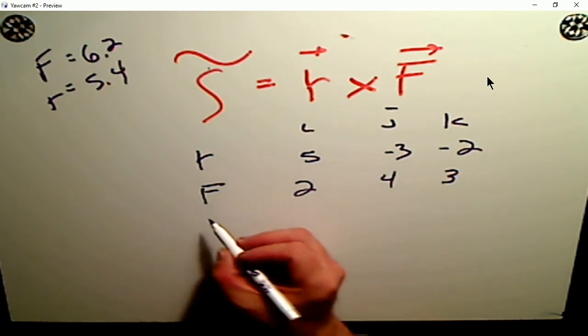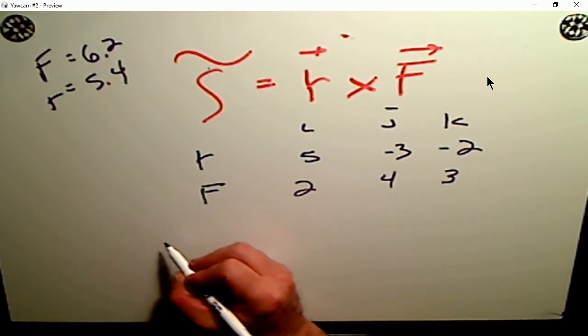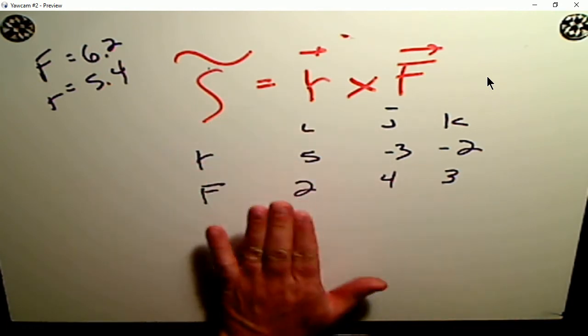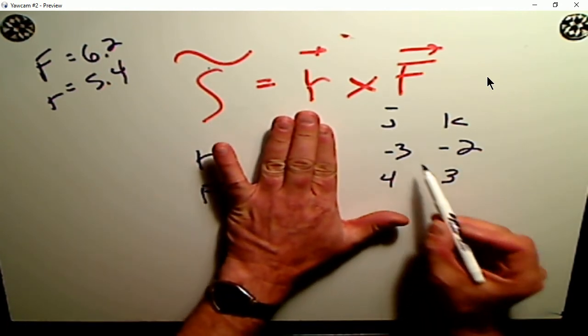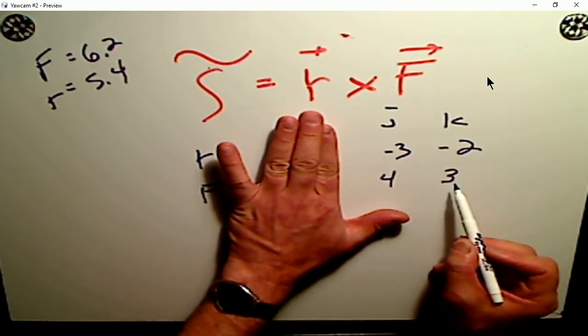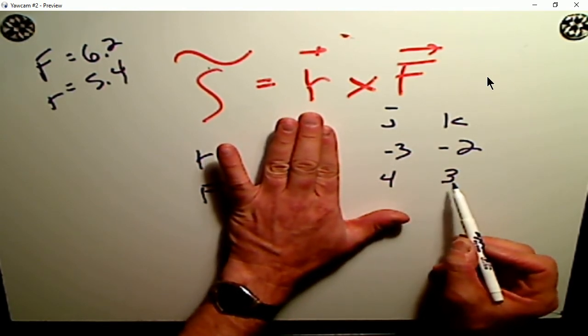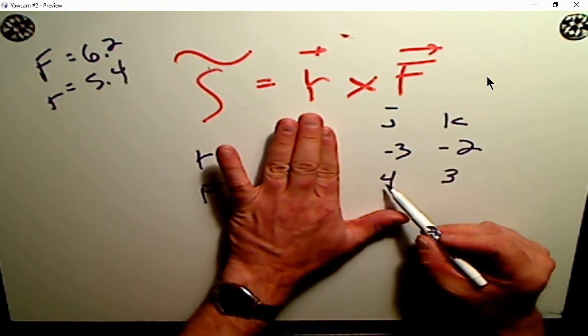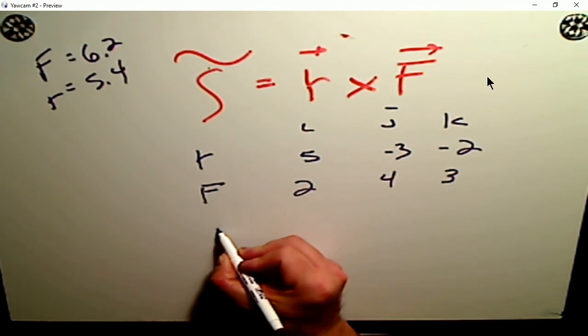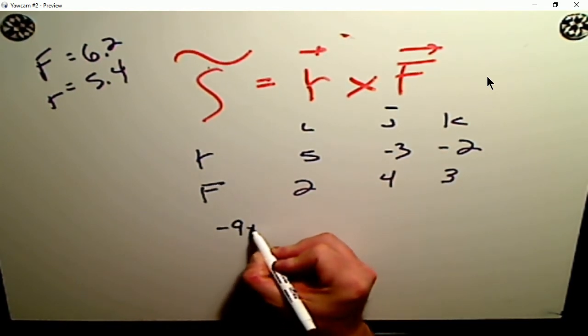And we'll do the cross product. If I want to get the cross product for I, I cover this up and I do this cross. This is negative 9 minus a minus 8. So it's negative 9 plus 8.